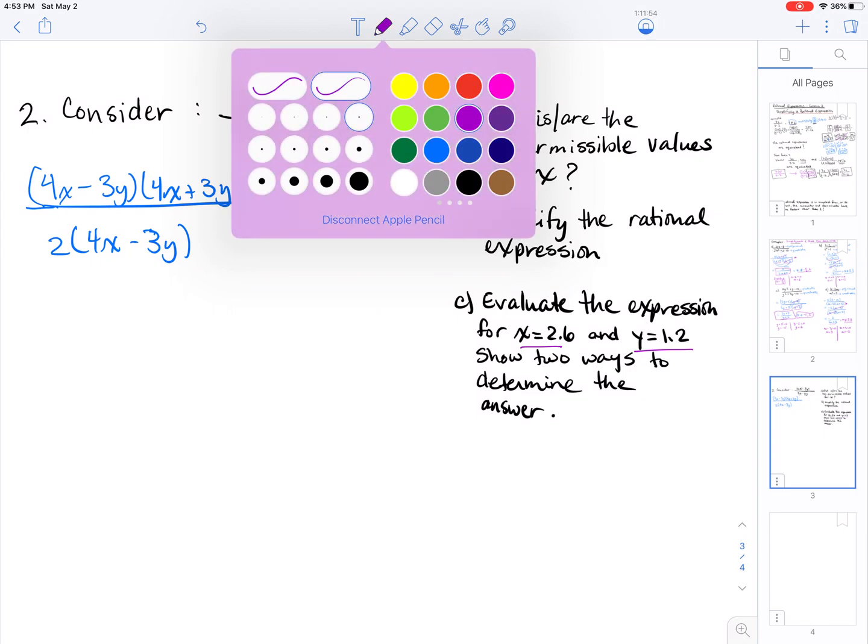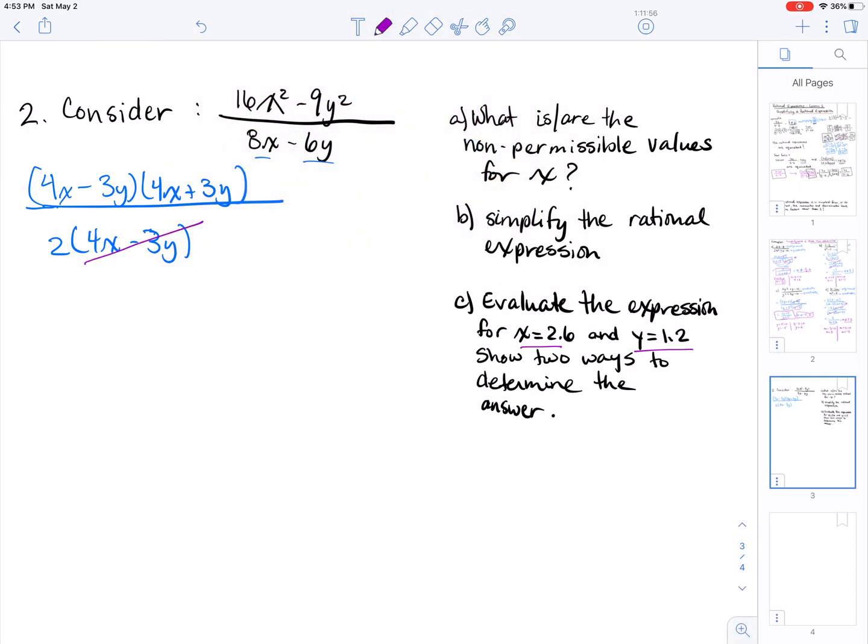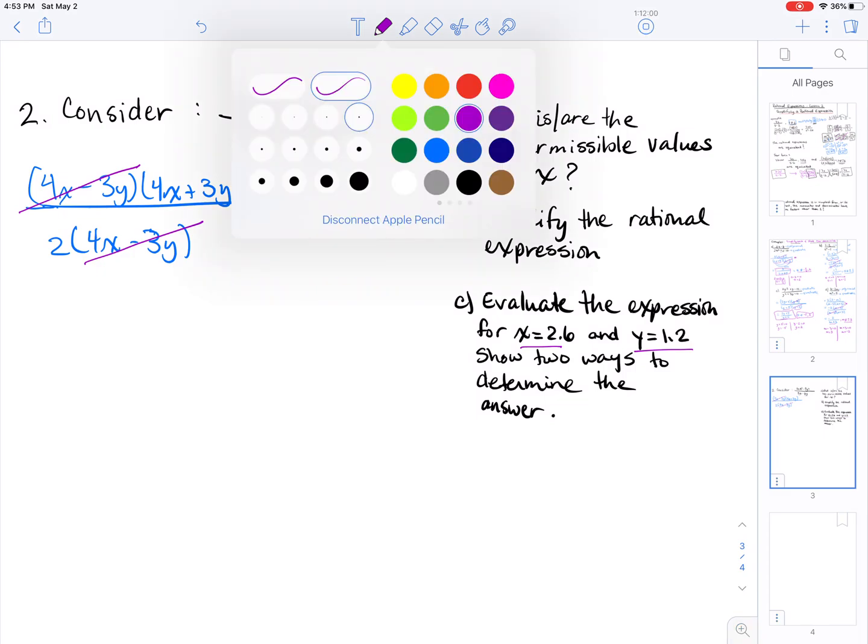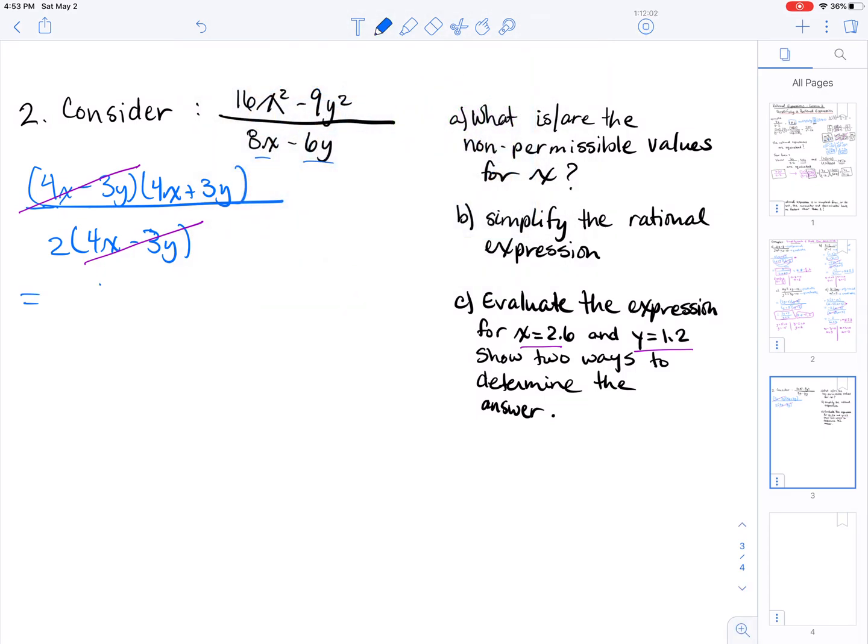So to simplify, I have 4x minus 3y over 4x minus 3y. So 4x plus 3y over 2 is my simplest form. So I've done part B first.